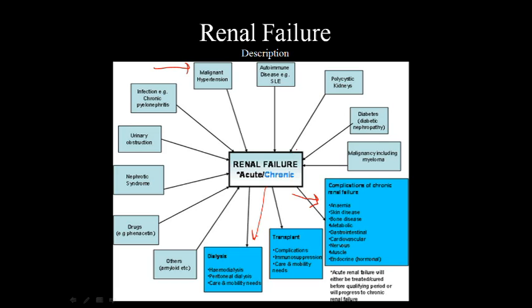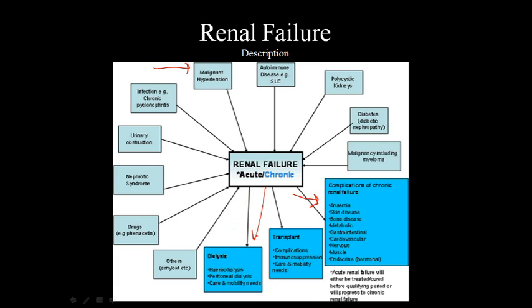Renal failure that is acute can be caused by such things as drugs, nephrotic syndrome, urinary obstruction, infections such as chronic pyelonephritis, malignant hypertension, autoimmune disease, polycystic kidneys, diabetes, and even malignancy. All of these things can cause acute renal failure, meaning that it's not something that you have lived with, but something where you have good renal function and then all of a sudden you don't.